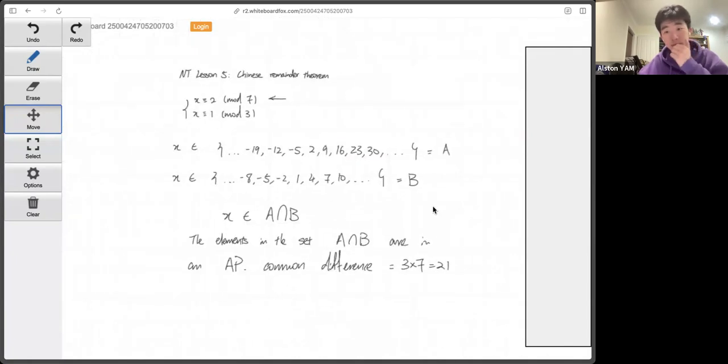Here we go. Why is that? It will be a lot more clear as we go on. Okay, so that's the first little example I wanted to go through.